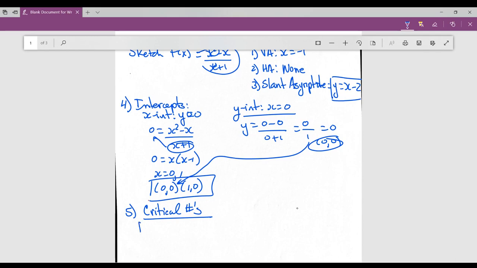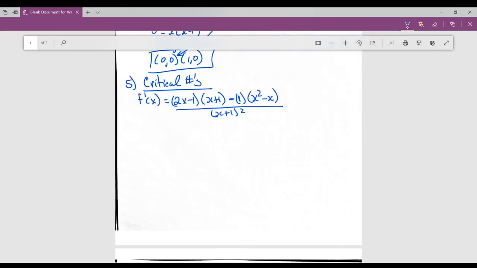If you remember, the quotient rule says the derivative of the top, which is 2x - 1, times the bottom, x + 1, minus the derivative of the bottom, which is 1, times the top, over the bottom squared. Now we just simplify.